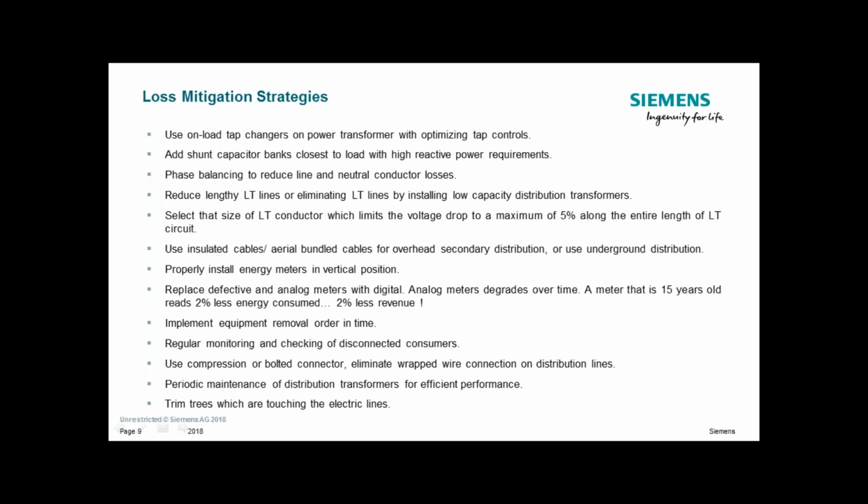So periodic maintenance of transmission and distribution circuits, as well as the distribution transformer, is necessary. Then you have to trim trees which are touching the distribution lines, because they can damage the distribution circuit and cause arcing, which can also create losses.